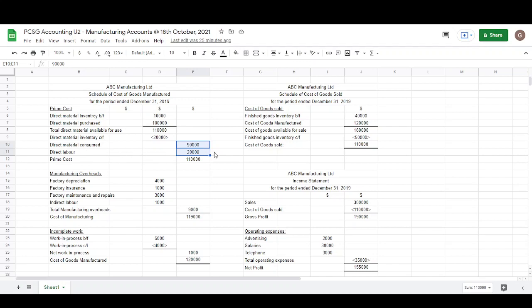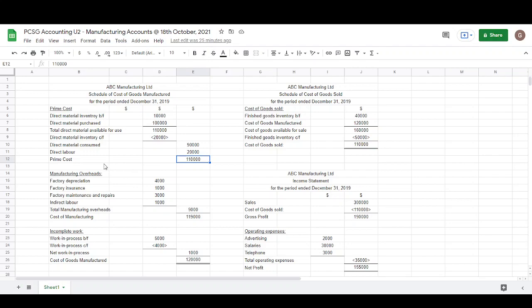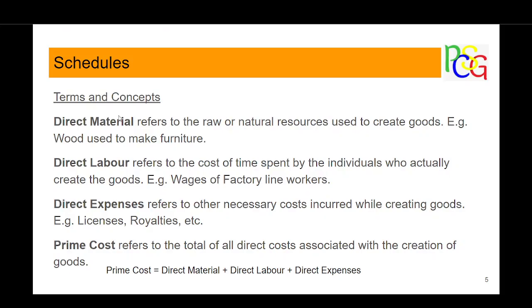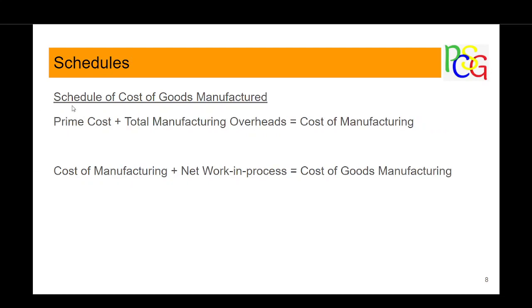When we add them together, this will give us our prime cost, in accordance with our notes. As I said before, we didn't have direct expenses in this example, just direct material and direct labor. So this gives us our prime cost, the first item in our equation.